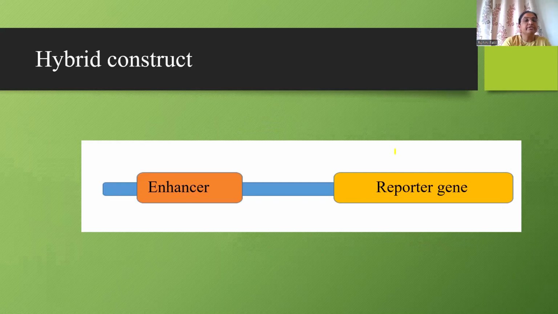The first construct consists of the enhancer, or as the host is yeast, you may call it an upstream activating sequence, which is fused with the reporter gene. This is the first plasmid, consisting of the enhancer and the reporter gene. The reporter gene may be any one; the most frequently used is lacZ.